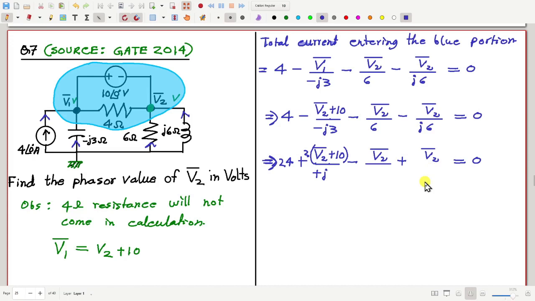Is it correct so far? Then, oh, I missed this j here. Please check my calculation.